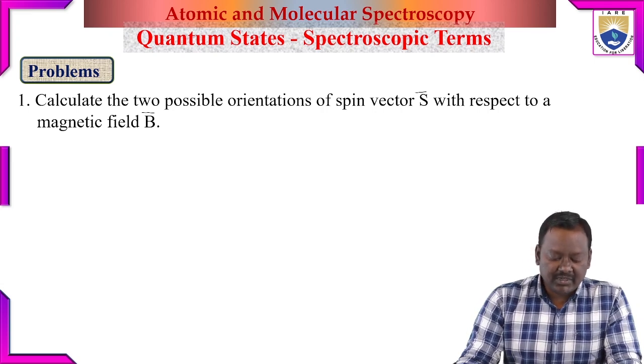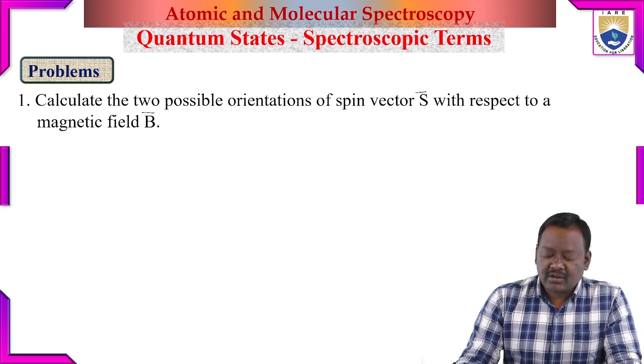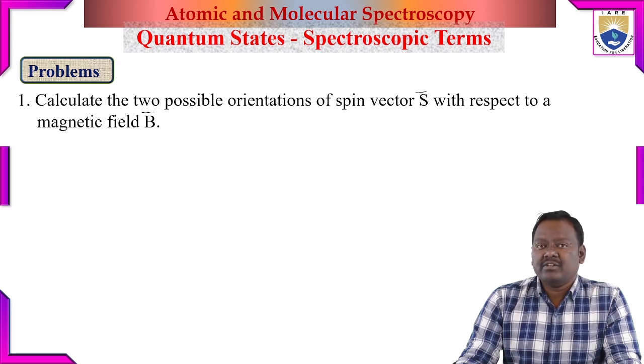So the first problem is: calculate the two possible orientations of spin vector S bar with respect to a magnetic field B bar. In general, any electron could have orbital angular momentum and spin angular momentum.